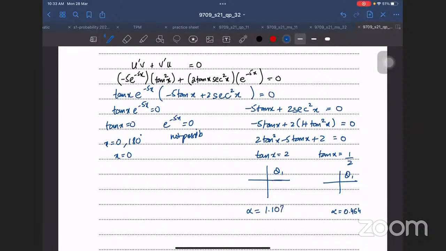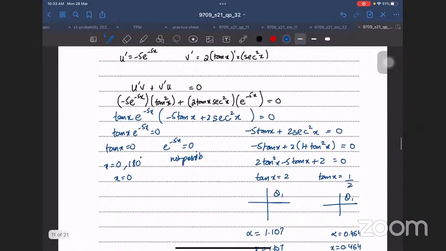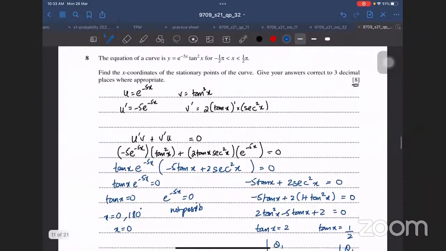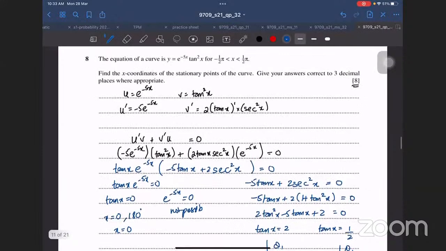Okay, so I have 3 stationary points. This curve has 3 stationary points in this interval that I'm talking to you about. Okay, now find the x coordinates.